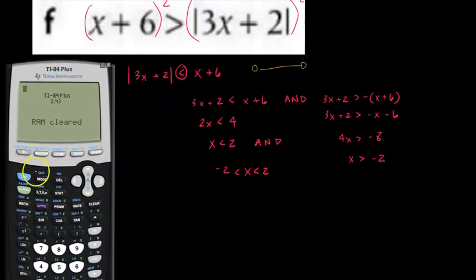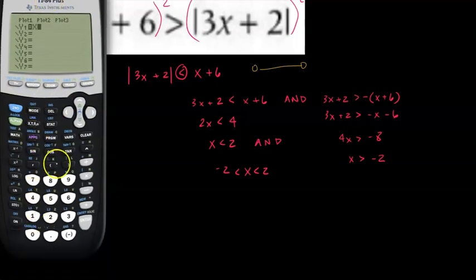Okay, we have y equals x plus 6, and then the absolute value, 3x plus 2, graph the 2.